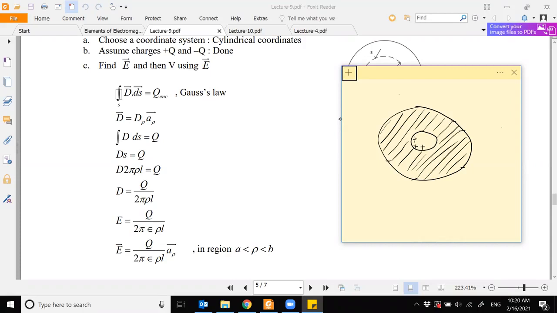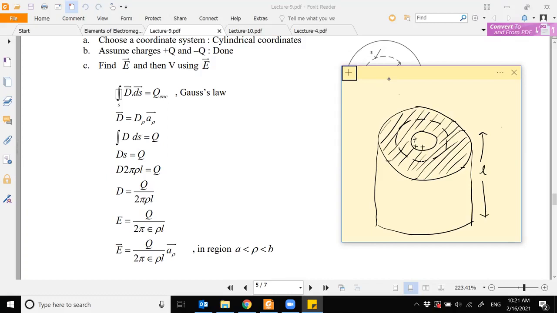So in Gauss's law, I have to enclose in a hypothetical Gaussian surface. So since I need to find the electric field here, I will enclose this center conductor inside a hypothetical closed surface, which is your cylinder. So if you see here, this is your length L, right?